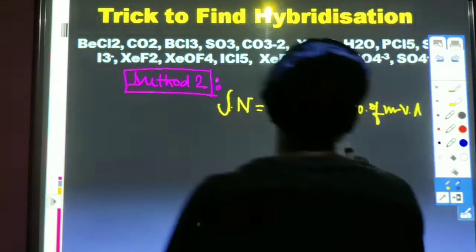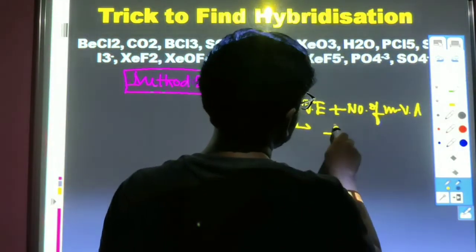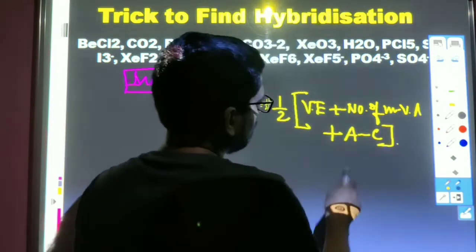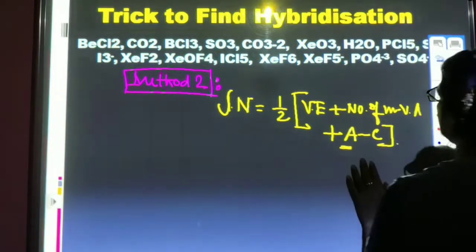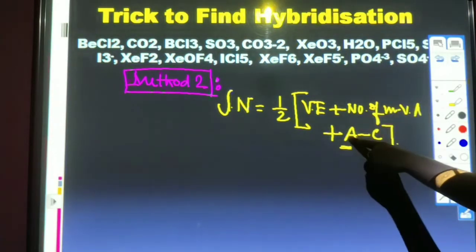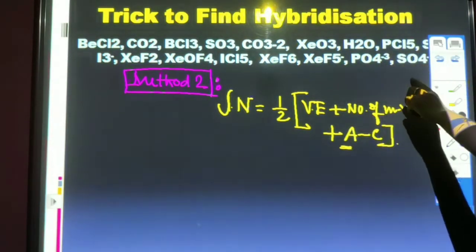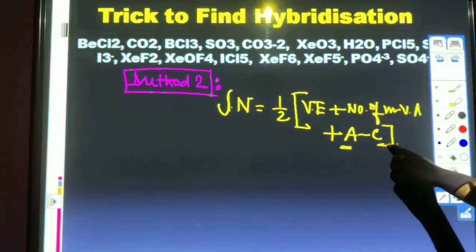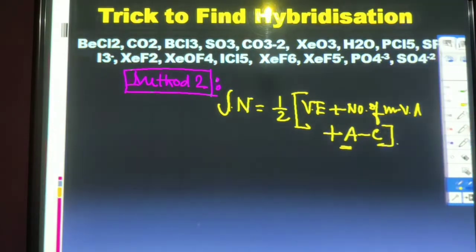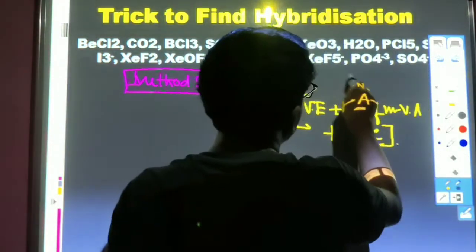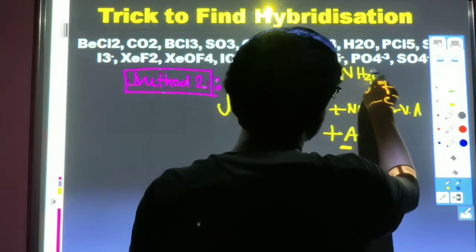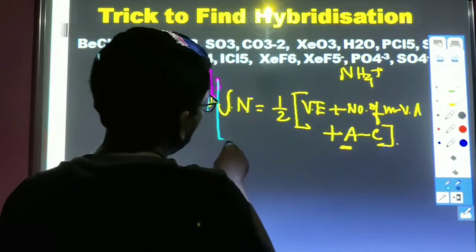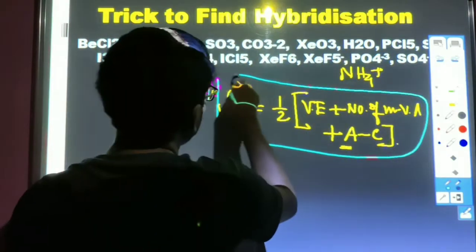Plus A minus C. Plus A means if it carries negative charge, then we will add, and if it carries positive charge, we will subtract. This is for anion, this is for cation. One more hybridization we will do for a cation, like NH4 plus. So this is the formula, and based on that formula we will do the hybridization. This is method number 2.